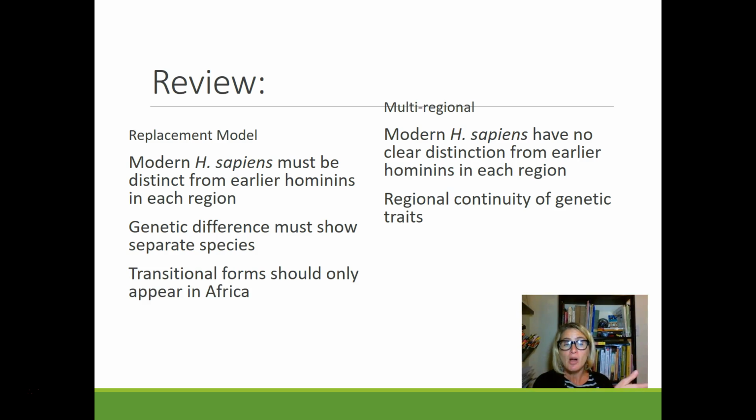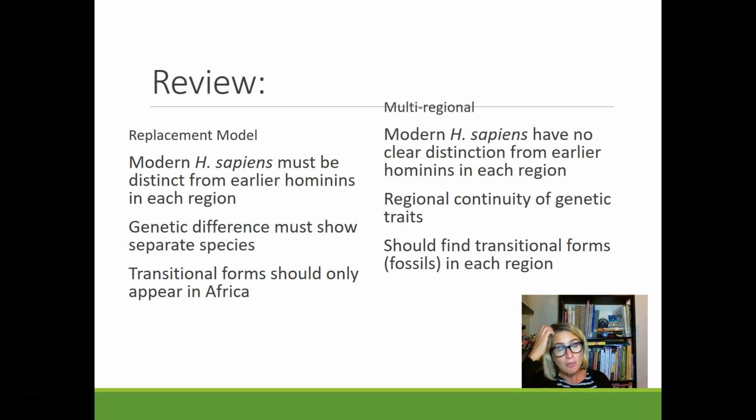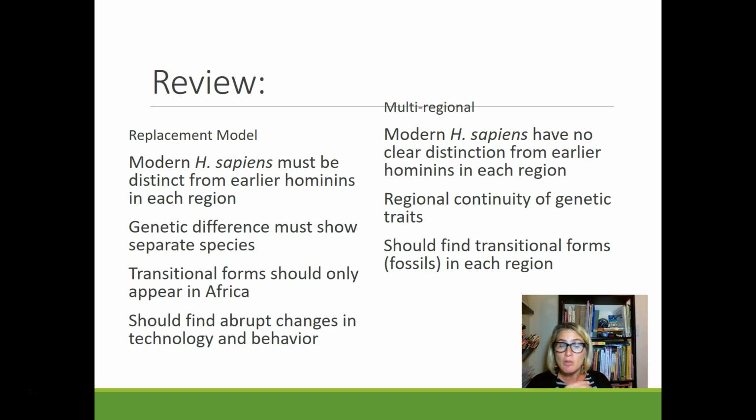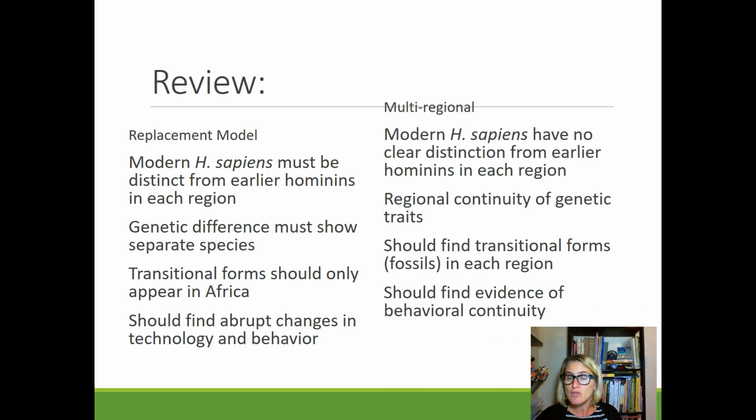In a replacement model, you're going to see transitional fossil forms only in Africa. In a multi-regional model, you'll find those transitional forms in every region. And for the replacement model, you would expect to find abrupt changes in technology and behavior, whereas in the regional model, you should find that behavior continuing as people pass on local knowledge.